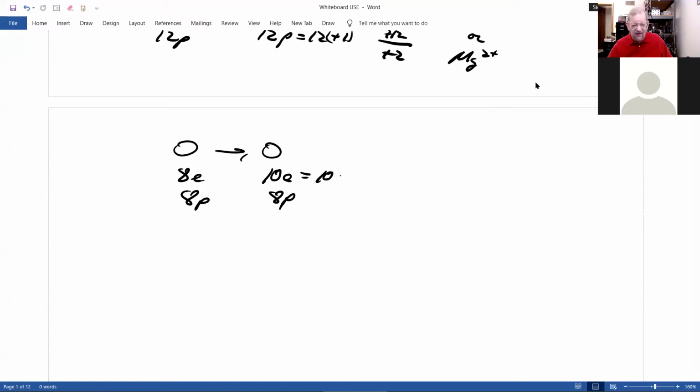Each electron is a -1 charge. Each proton is a +1 charge. Do the math. Add it up, and you get -2.